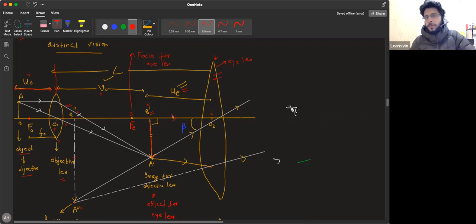You pass a ray through the optical center. Okay, so this is one ray. This point on the principal axis is your B. Basically, the point that we take on the principal axis means the ray is passing along the principal axis, so the ray which is passing along the principal axis will go without any refraction.